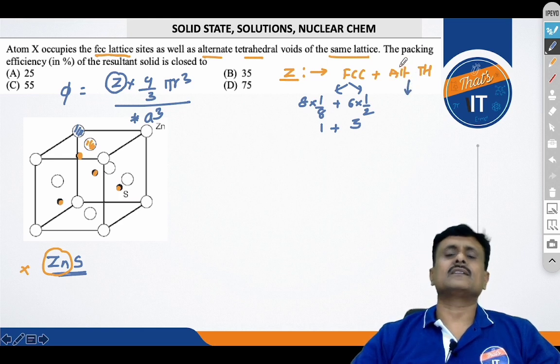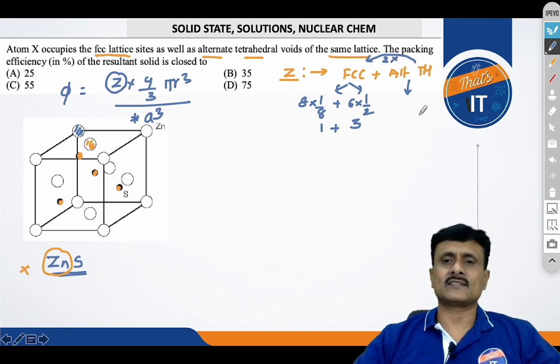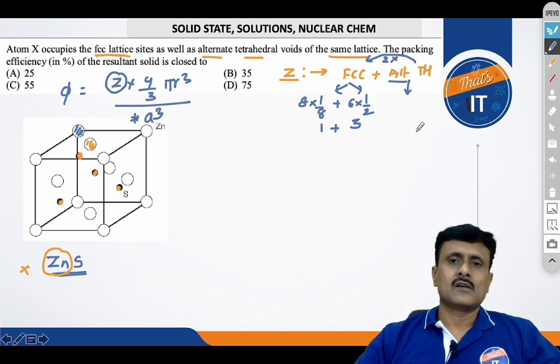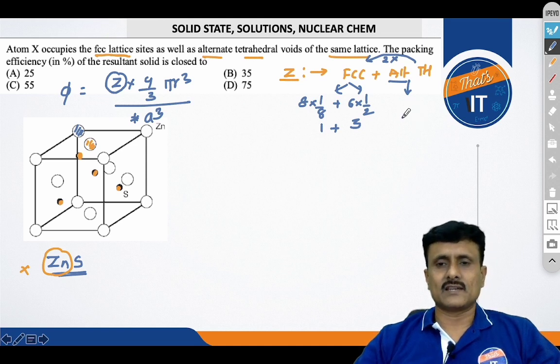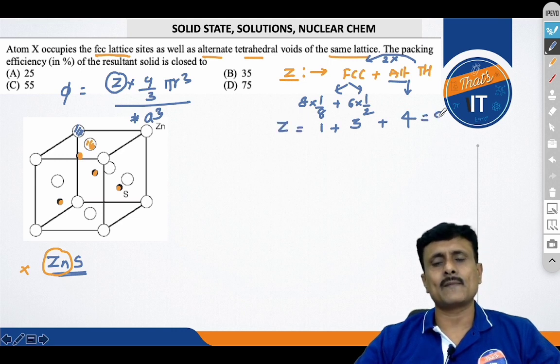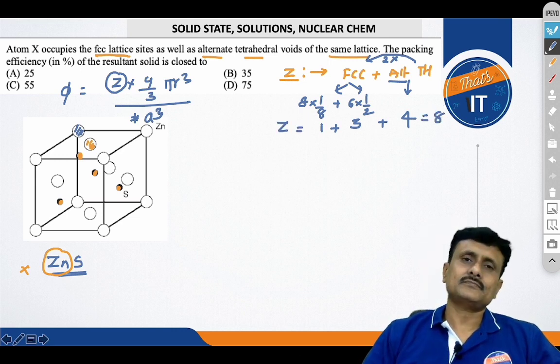You know that the tetrahedral voids are 2 times the FCC lattice positions, that is 8, but out of which only 4 are occupied. Therefore the total number of spheres that are present are equal to how many? 8. Now we got that value.